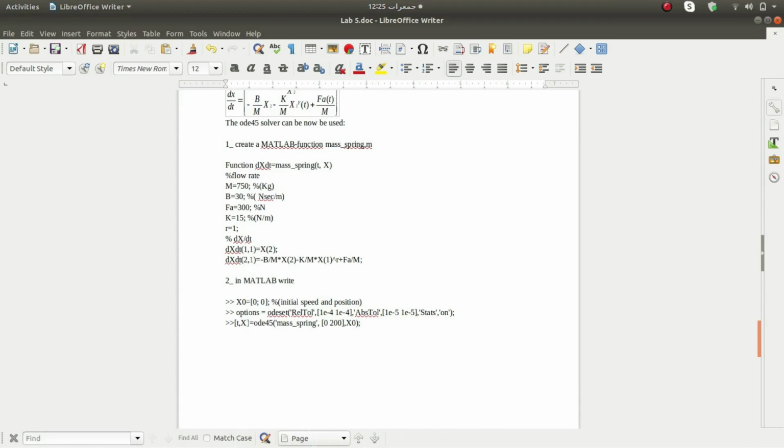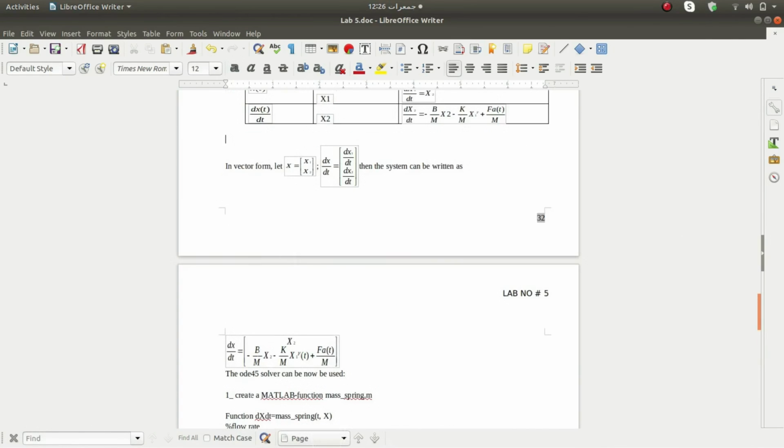So just leave it here and focus on the initial speed and position, which is 0 0, and we are using time span limited 0 to 200. So it will give you the response between 0 to 200 values on the time axis, and the initial condition is 0 0. So this is the code for solving the mass spring.